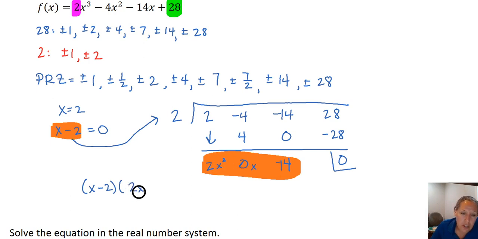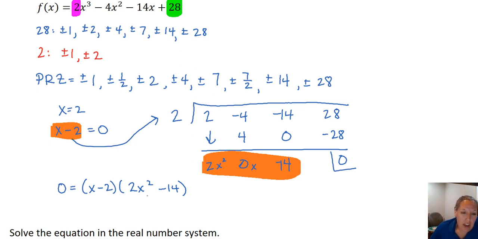So this is going to be 2x squared plus 0x minus 14. If we're trying to find the zeros here, we just need to finish factoring this. This is a quadratic, and so we are done with synthetic division. If we can't factor this, we can use the quadratic formula or completing the square to finish solving it.